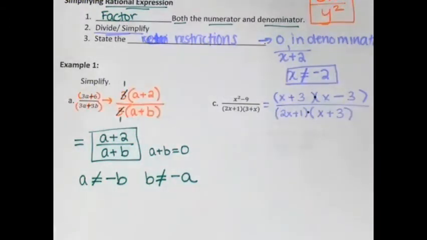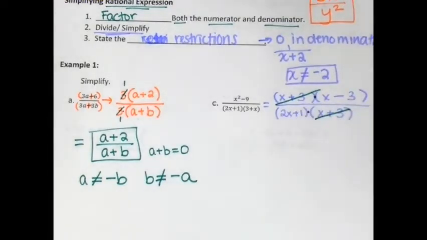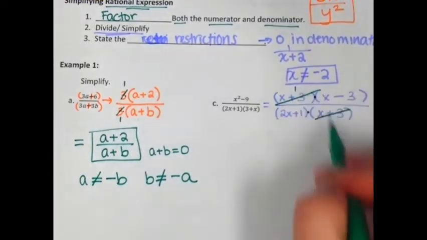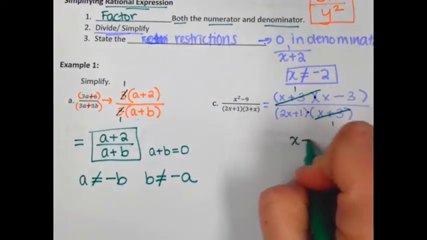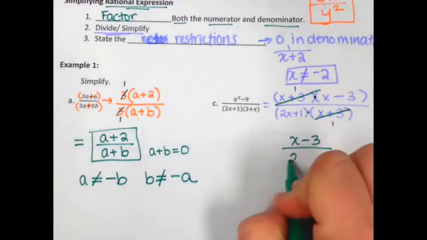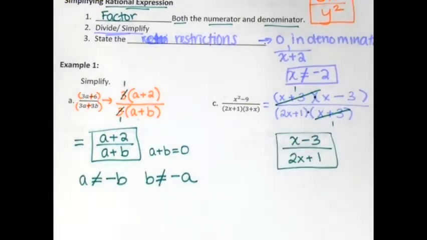Yes. Do we see anything the exact same in the numerator and in the denominator? X plus 3. So could I cross out x plus 3? Because what's x plus 3 divided by x plus 3? 1, right? Anything else? No, so I'm left with x minus 3 over 2x plus 1. So this would be my simplified value.